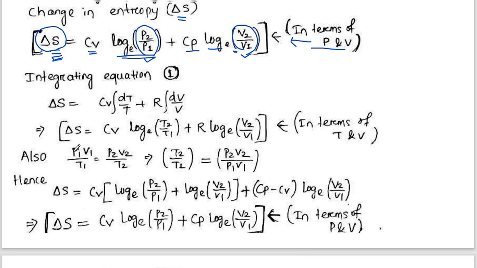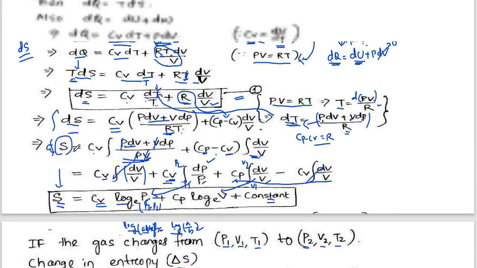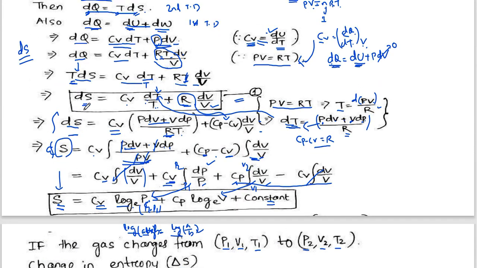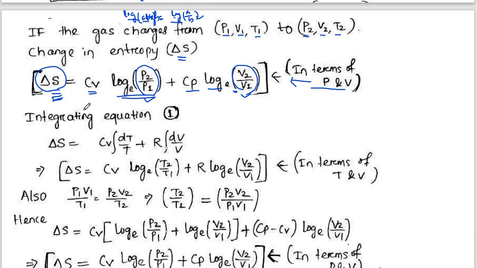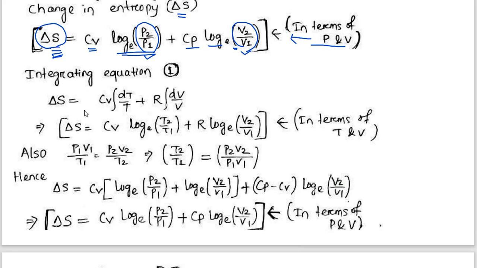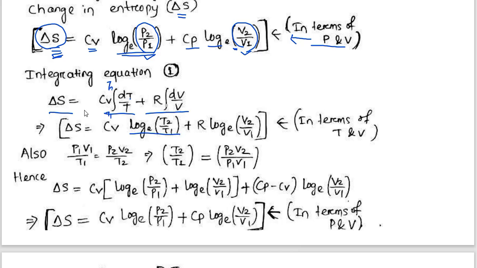Now integrating equation 1 directly. Look at equation 1: dS equal to Cv dT by T plus R dV by V. The change in entropy equals, dT by T will be log T. If you integrate from T1 to T2, that will be log T2 minus log T1, so log T2 by T1.